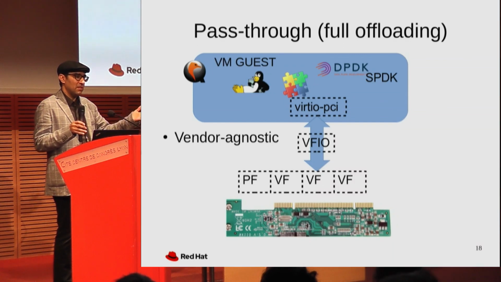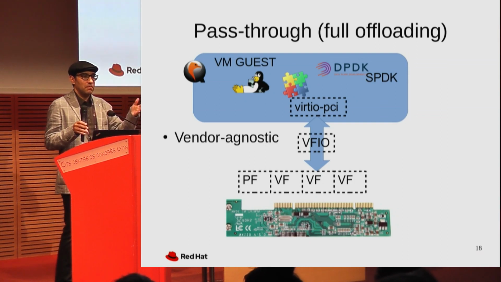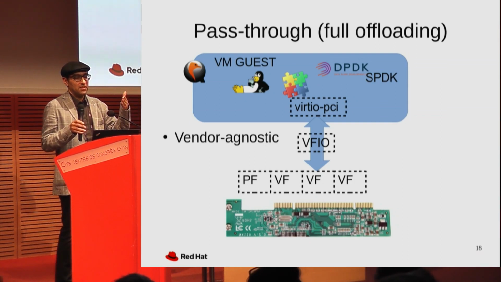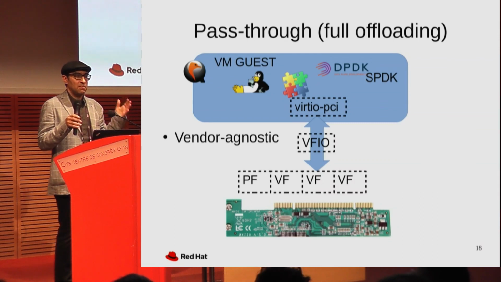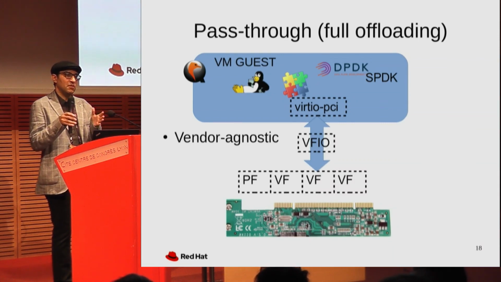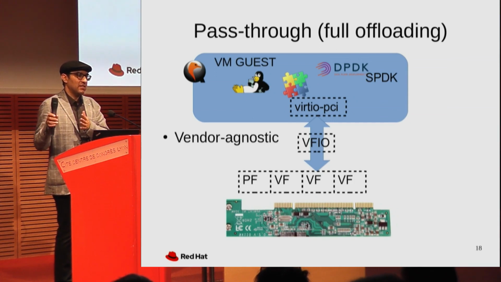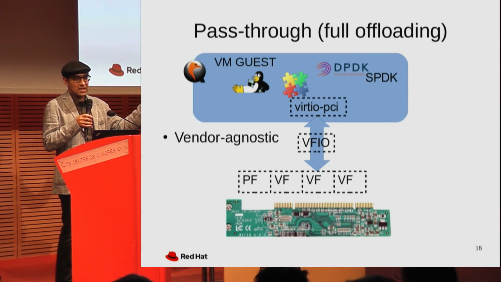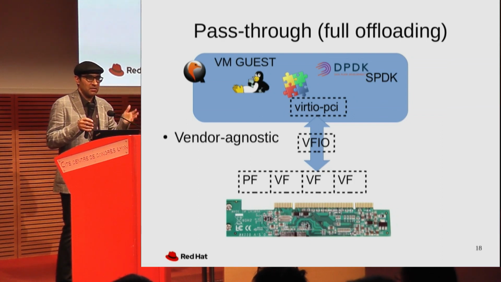What do you do then? How do you use it? Well, first of all, you can just use pass-through. Bind the VFIO driver to your device, right? Pass the device on to the guest. And assuming that your card has a bunch of virtual functions, and each virtual function implements the Virtio spec correctly, right? Then, for example, within a VM, you can just load the Virtio driver, and it all works.